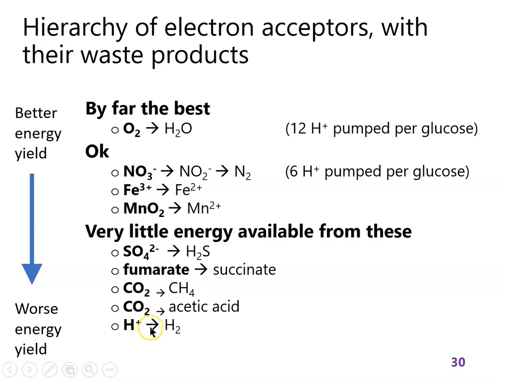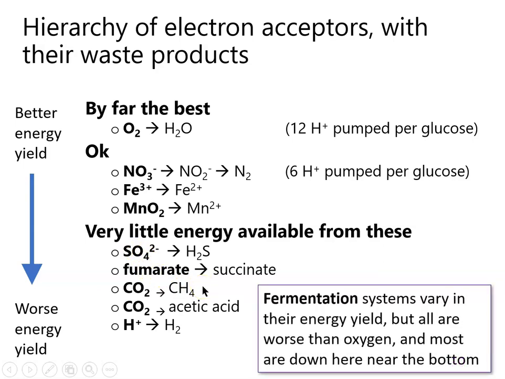And then all of these you could just lump together. These are all kind of terrible electron acceptors, and the cells that use them for anaerobic respiration do not get much energy from it. But it is a source of energy. It's something in nature that can be exploited, so some microorganism will exploit it. So that is a thing. And fermentation fits in here kind of equal to these.